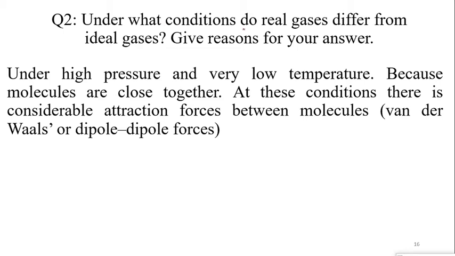Under high pressure and very low temperature, real gases differ from ideal gases, because the molecules are brought together, and in those conditions the van der Waals force has a considerable amount that I cannot neglect during calculation. So the volume of a real gas is smaller than that of an ideal gas, and the pressure of a real gas is also smaller than in the case of an ideal gas.